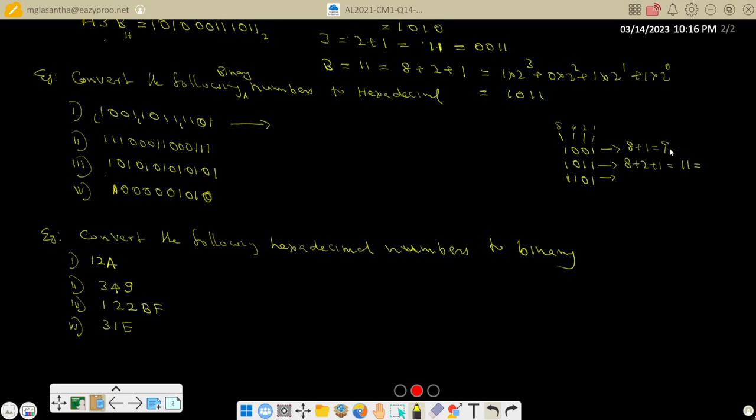Here 9 in base 10 and base 16 is the same symbol. But what is 11? 11 is B, no? Equals B.